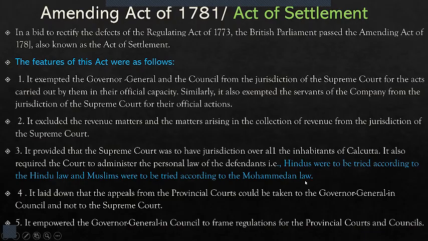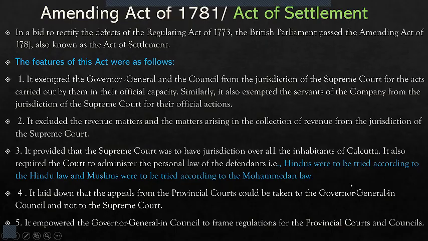So what happened was the Supreme Court had jurisdiction over the inhabitants, or what we can say as the local people. Not the company's servants, or the Governor General and the executive councils and everyone. It is just the inhabitants. The Supreme Court is just to provide justice to the inhabitants, or we can say the local people.